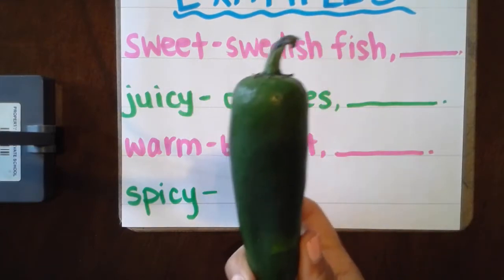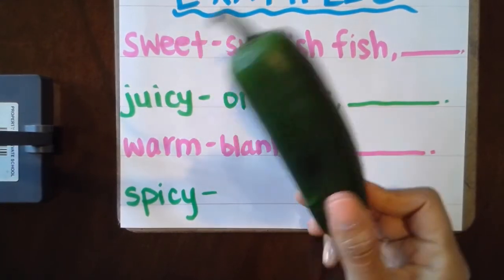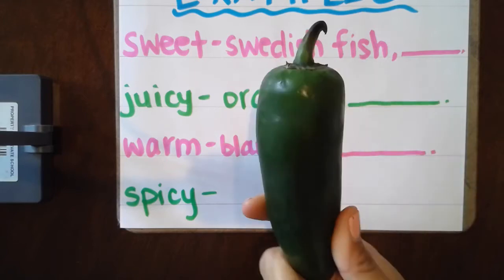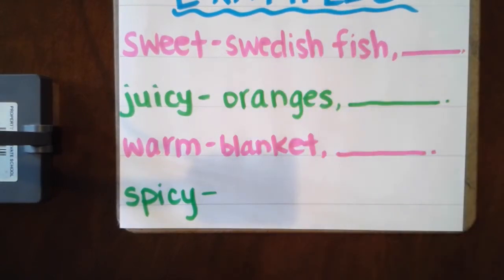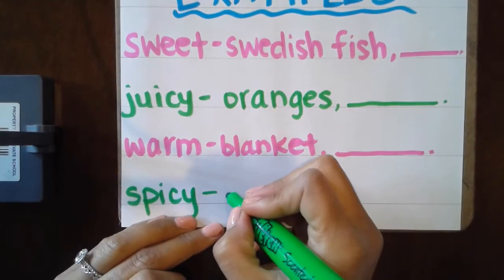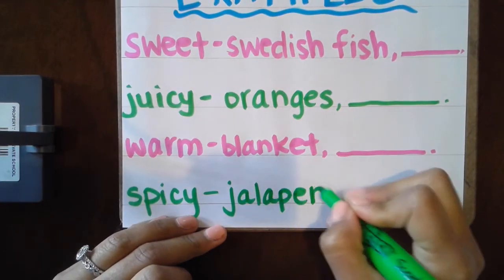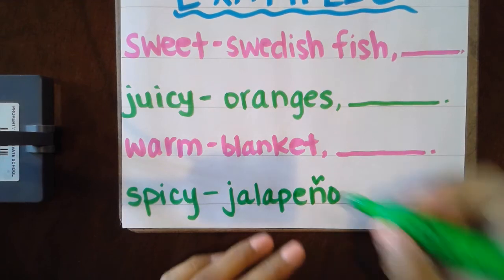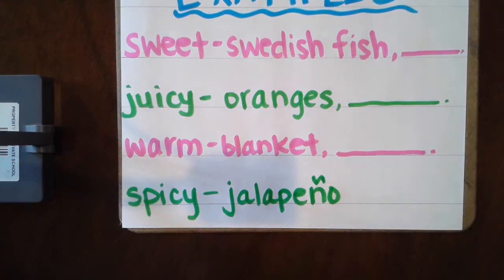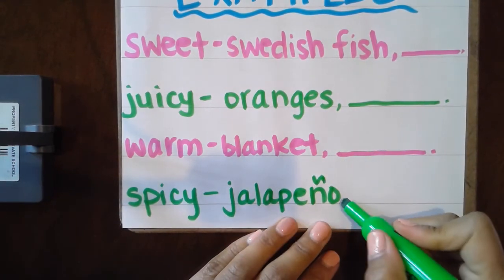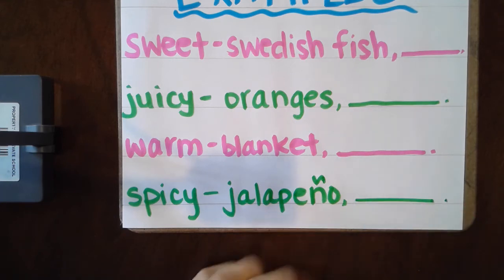Have you guys ever eaten a jalapeno? If you have, then you will know that these are really, really spicy. I'm going to write jalapeno on my anchor chart. And it's squiggly over the n because it's a Spanish letter. Now what does spicy remind you of? Write your example next to mine.